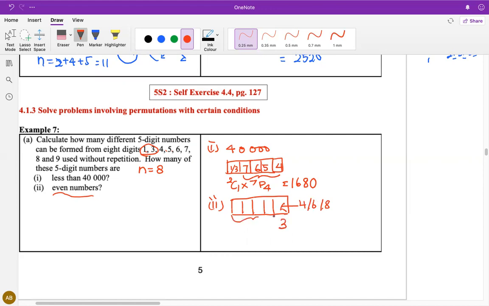There are 8 digits in all, so there are 7 left, so 7P4 times 3C1. 3C1 is actually 3. So 3 times 7P4. Therefore, you get 2520.